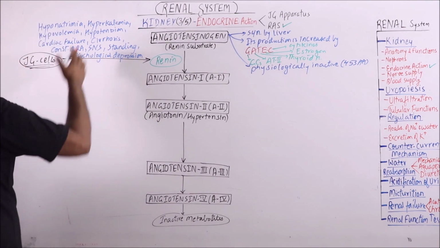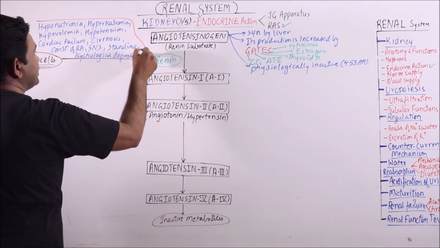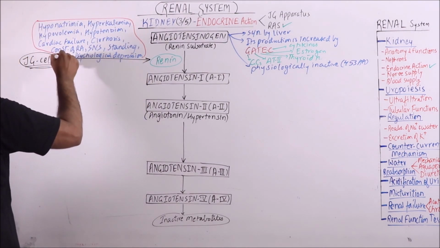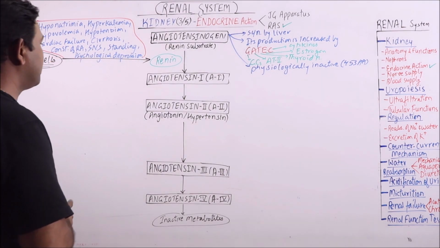So these are the certain conditions that will stimulate the JG cells to release renin.